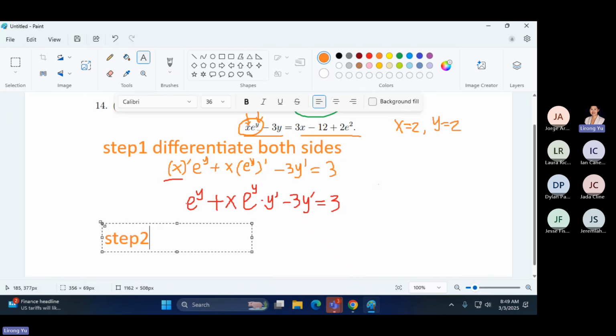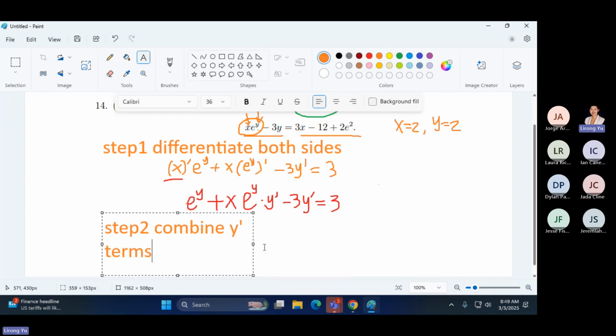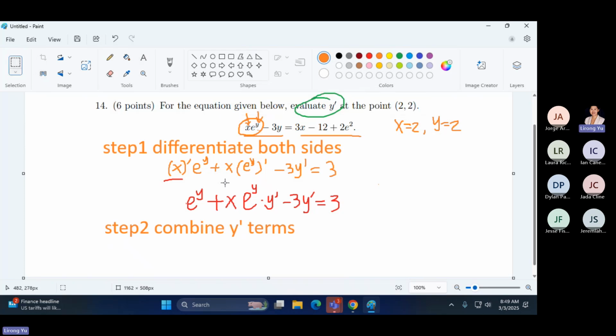That means if you have y prime here and y prime there, you won't be able to solve them. So often the way to solve for a variable, the first thing is to have them all collected and combined, so that you can solve it. So I'm going to try to combine the y prime terms. What do we have? These are the y prime terms.